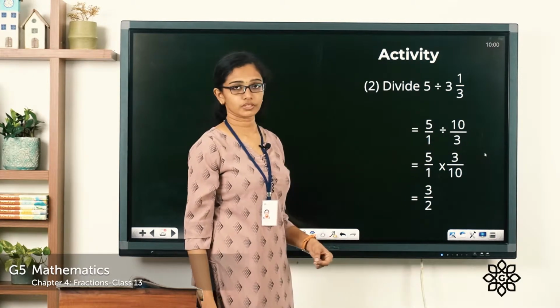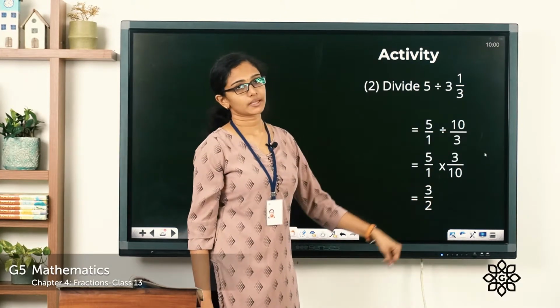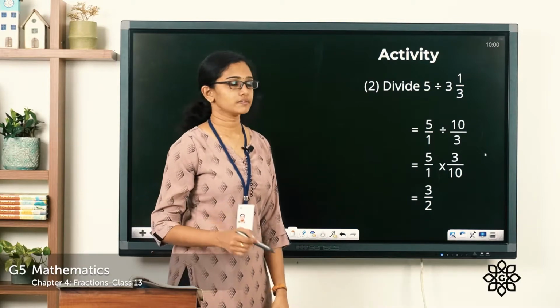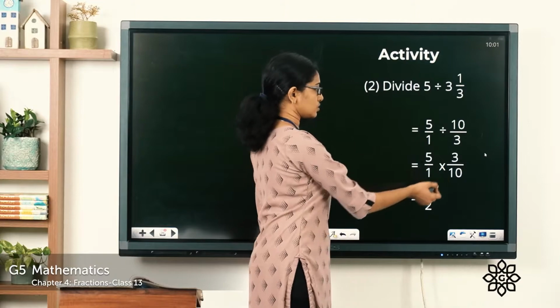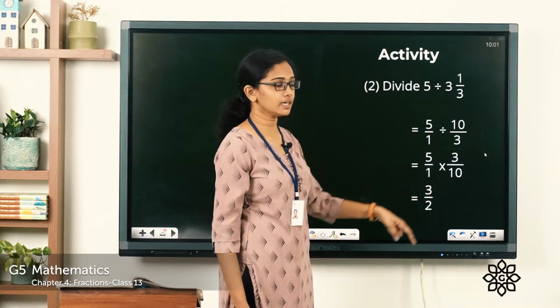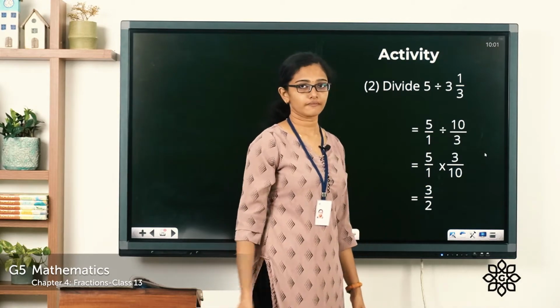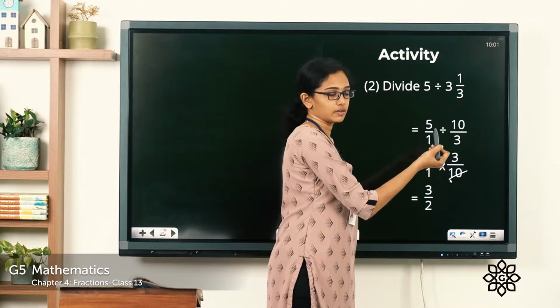Now how will you proceed? You have to multiply the dividend with the multiplicative inverse of the divisor. So that will be equal to 5 by 1 into the multiplicative inverse, 3 by 10. Now let's cancel out the common factors 5 and 10. 5 ones are 5 and 5 twos are 10.